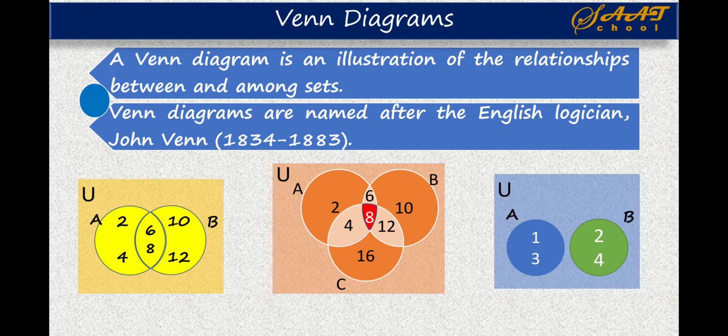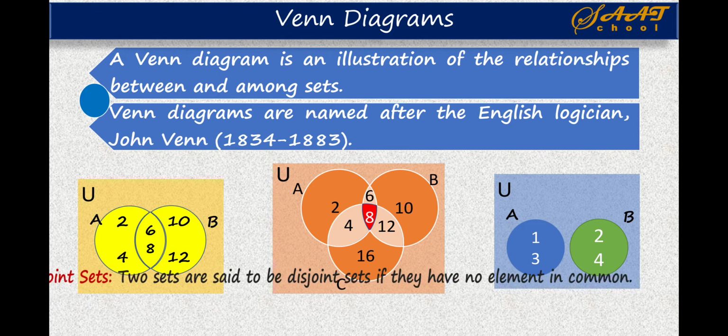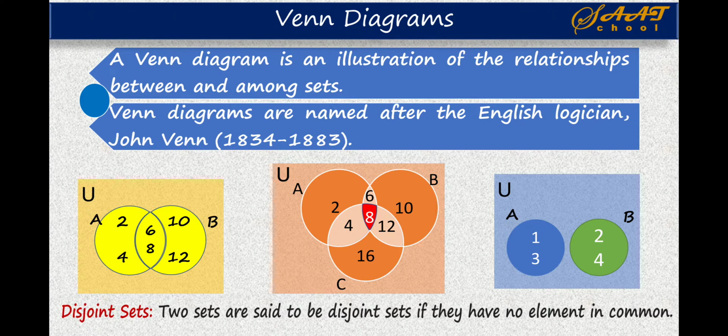Two sets are said to be disjoint if they have no elements in common. If they have elements in common, they are overlapping sets. If they have no elements in common, then they are disjoint sets. So these are simply illustrations of Venn diagrams. We will discuss Venn diagrams in detail in later videos.